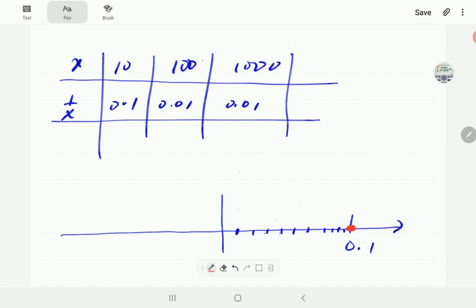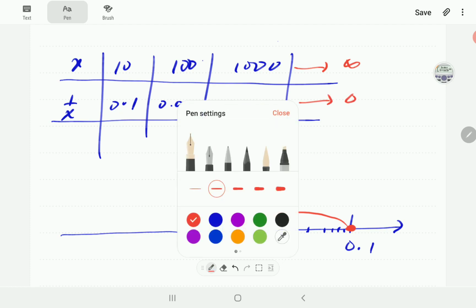Then when x is 100, our y jumps to there. When x is 1,000, then our y jumps to there. When x is 10,000, it's going to be even closer there. So basically you can see that as x is going to infinity, y is going to 0.